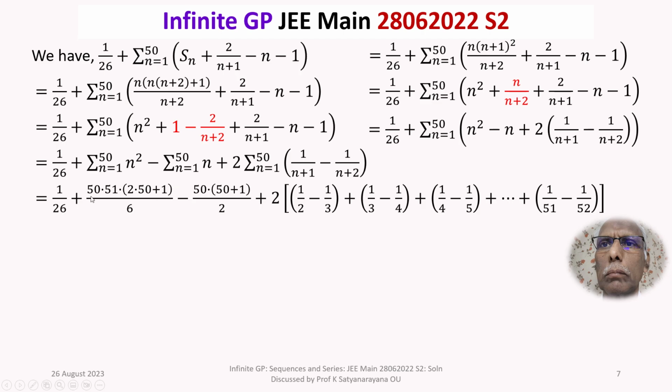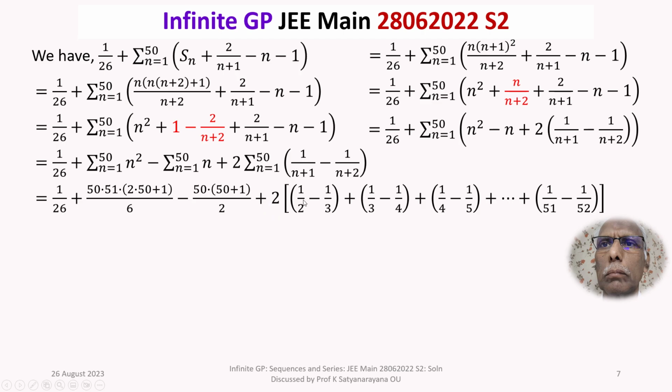What's the formula? n into (n plus 1) into (2n plus 1) by 6, minus sigma n equal to 1 to 50 of n, that is the sum of the first 50 natural numbers, 50 into (50 plus 1) by 2, n into (n plus 1) by 2, plus 2 into the sum.